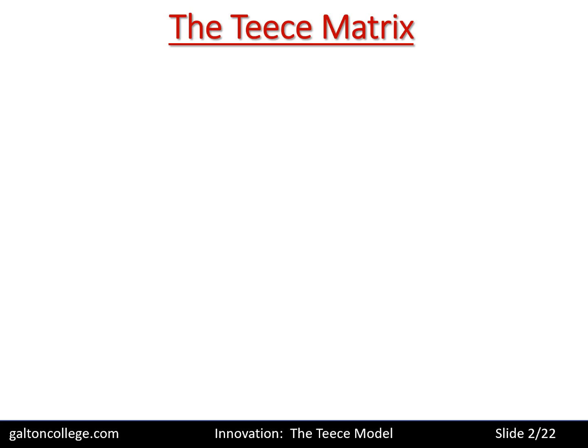And we can use the material from this video in a broader discussion of innovation, perhaps when more material has been studied and a greater in-depth understanding of innovation has been gained. But for the moment, let's concentrate on the Teece Matrix.